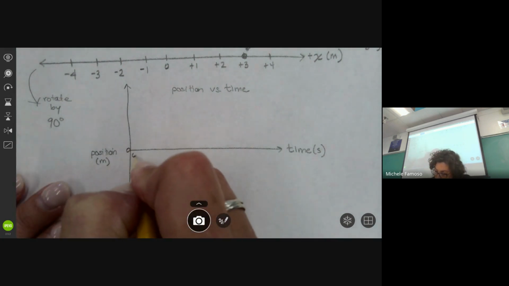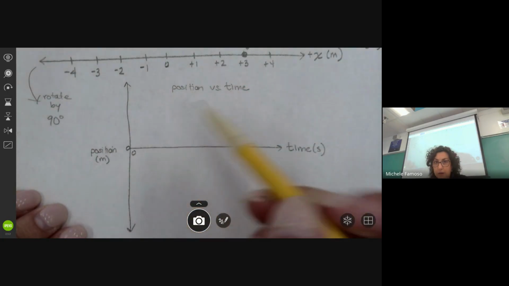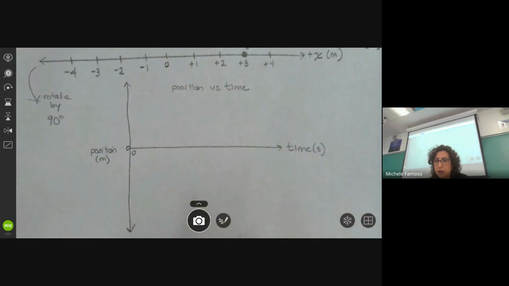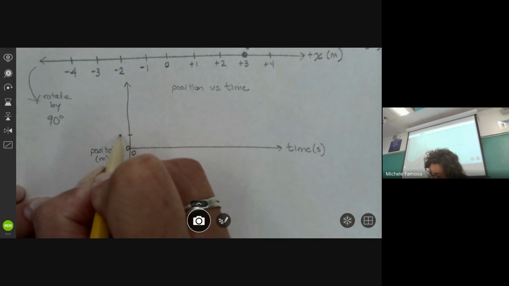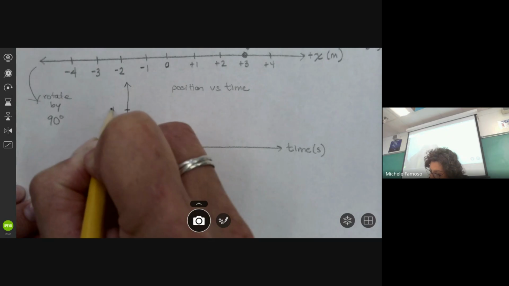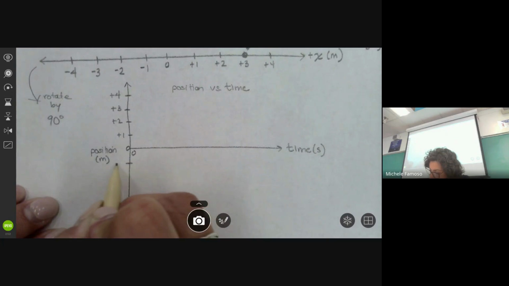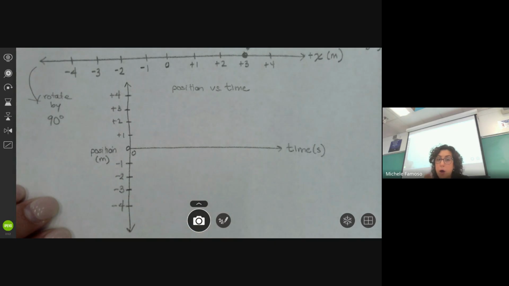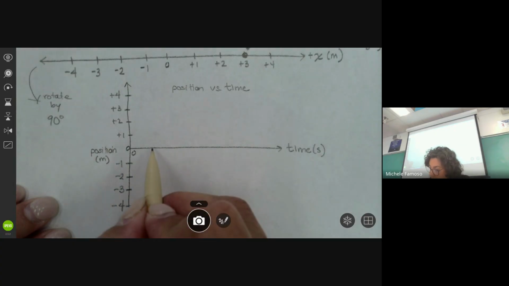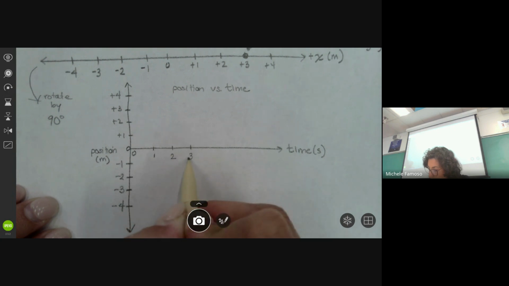This is our origin. And then what I would do is I would label these positions here. If I take this and I flip it 90 degrees, it means that I'd have positive 1 here, positive 2 there, positive 3, positive 4, negative 1, negative 2, negative 3, negative 4, and so on. And these would be the times at which we were located at various positions on the x-axis.